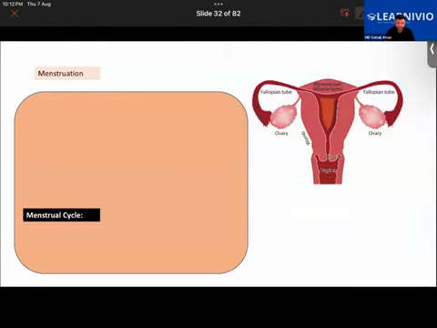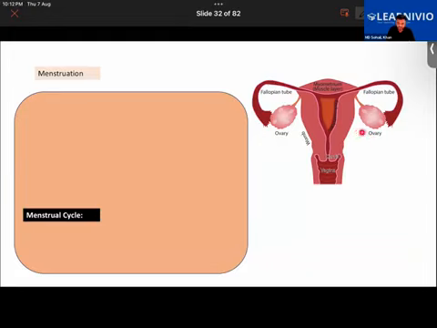Okay, try to stay regular in the class, no? Now, further, when the females have reached the age of puberty, their reproductive organ, the ovary, starts the production of mature egg cells every month.